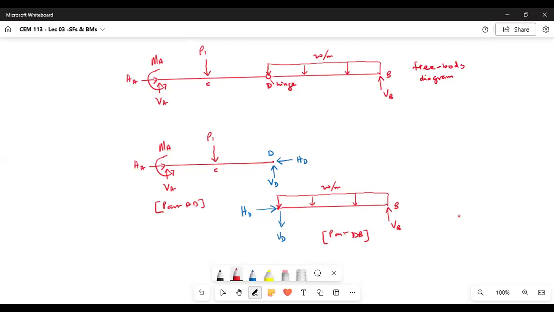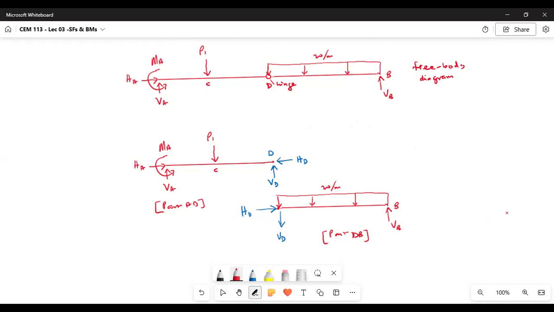Note that the beam will always have distances, and the distances must be provided. So all that I've done here is, number one, redraw the free body diagram for the entire beam.